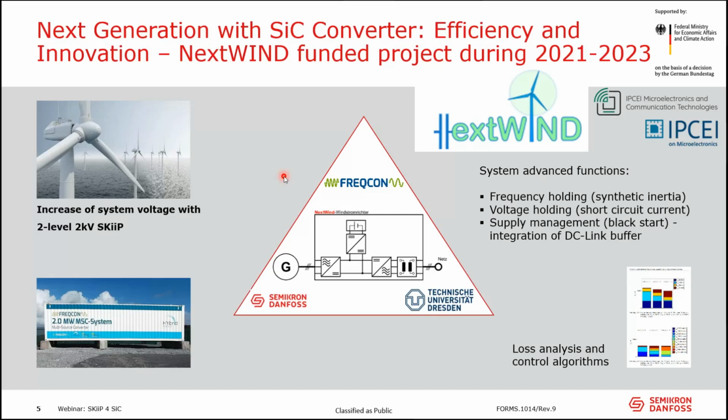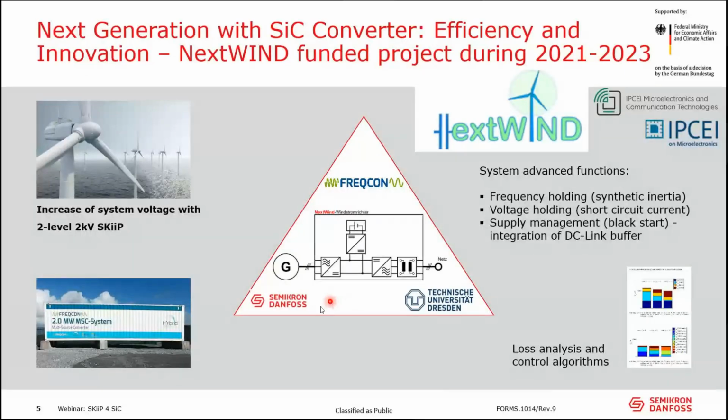So it was not only 2-level SKiiP, and there were some discussions about 3-level applications, about 3-level power modules. The target was to increase efficiency of the inverter, to check the loss analysis and control algorithm that can be used to improve the efficiency of the system.